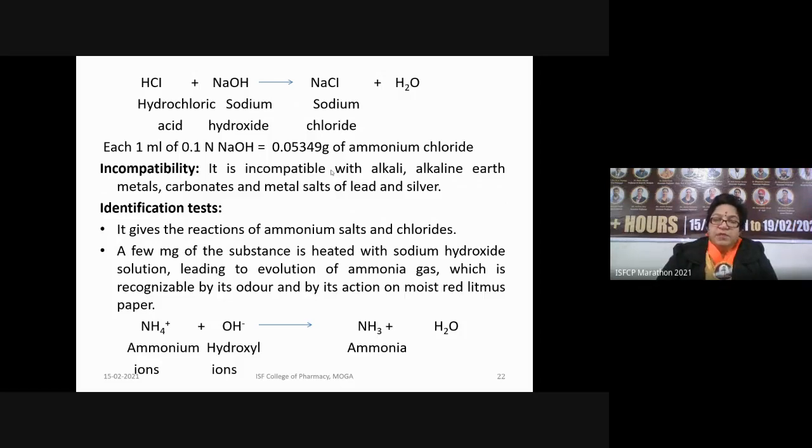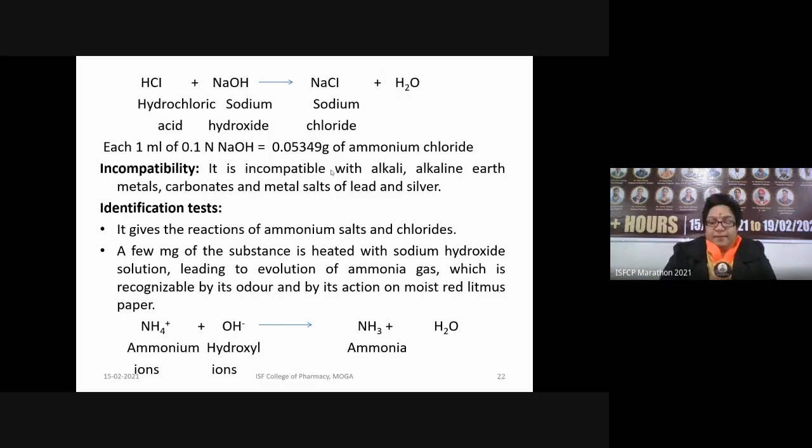Now coming to its identification tests, how this ammonium chloride can be identified. कैसे पता चलेगा कि present है कि नहीं है? This is known as qualitative analysis. Identification test जब आप करते हो, it gives the reaction of ammonium salts and chlorides. देखिए अमोनियम क्लोराइड क्या है?